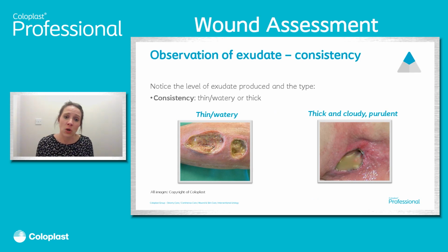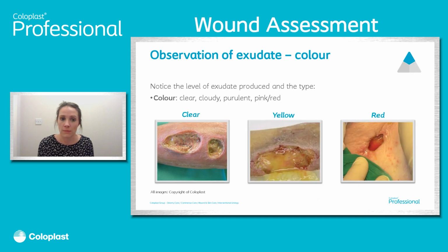So it can tell us a lot. So it's something that we really do need to be observing. Again, it can vary in colour slightly. So you've got that clear yellow or potentially even pink or red exudate, helping us build a picture as to what's going on with that wound and what our best form of treatment might be.